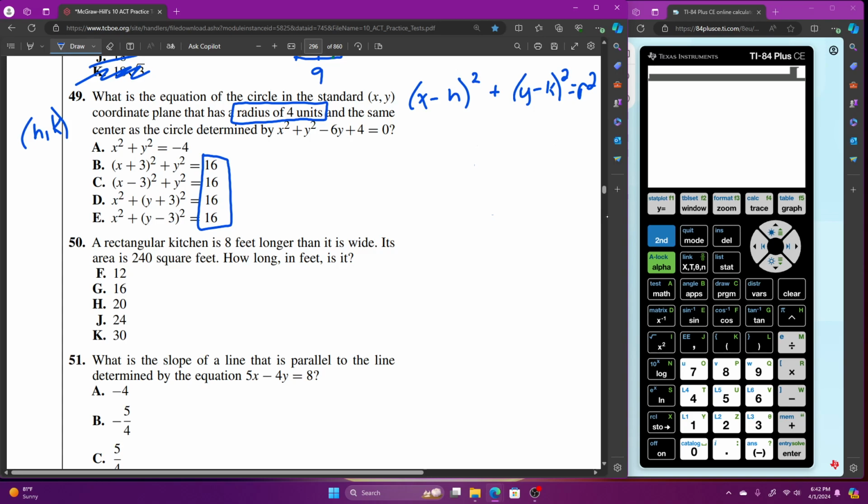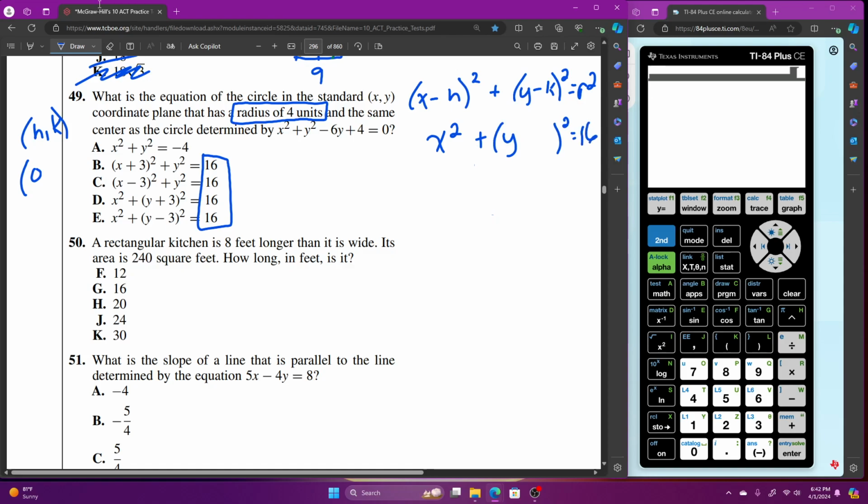So this h is going to be 0 because it's only x squared. There's no other x. So this is just x squared plus y something equals 16.